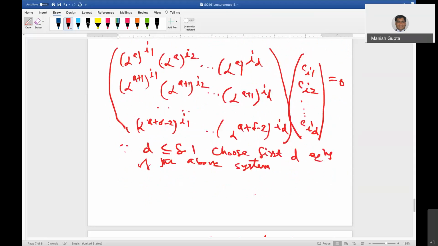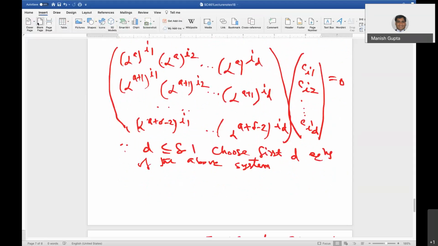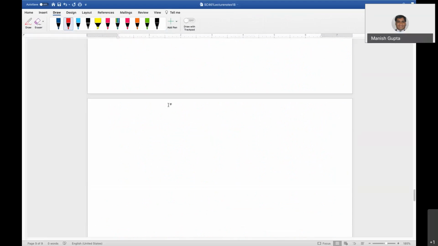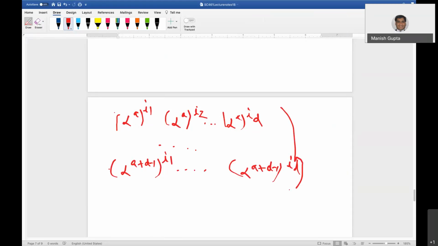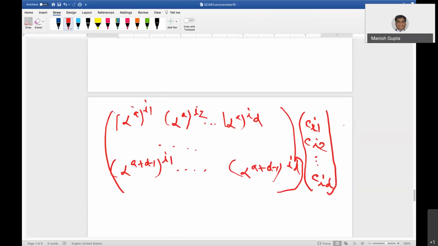Only the first D. In that case, we are left with the matrix: alpha raised to power a times i1, alpha raised to a times i2, alpha raised to a times iD, dot dot dot, alpha raised to a plus D minus 1 times i1, up to alpha raised to a plus D minus 1 times iD, times Ci1, Ci2, all non-zero things I am writing, but this time we are taking only the first D equations, equal to 0.